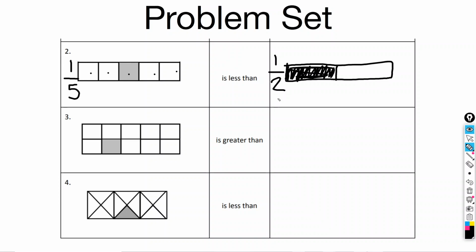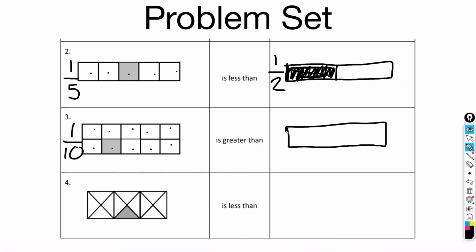Number 3. Number 3, we've shaded one piece out of 2, 4, 6, 8, 10. 1/10 is greater than, so that means that we need 1/10 to be the bigger piece, which means we need to first make a whole rectangle that's the same size.